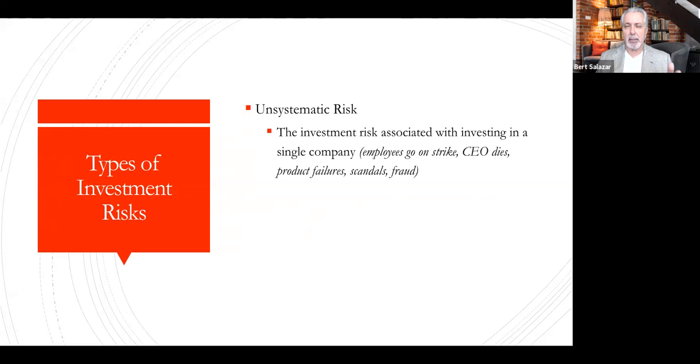We're going to be discussing a particular example with Citigroup in the next couple of minutes. But if you had invested in Enron, as you know what happened to Enron, a lot of things can happen. Employees go on strike, the CEO dies, product failures, scandals, fraud. Enron was one of the biggest frauds that we've had to deal with in American history.